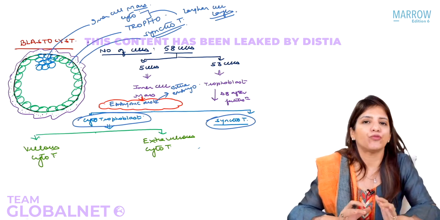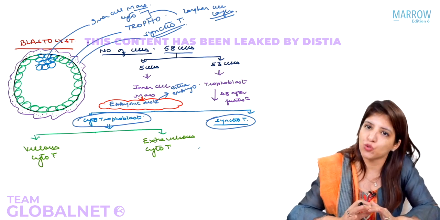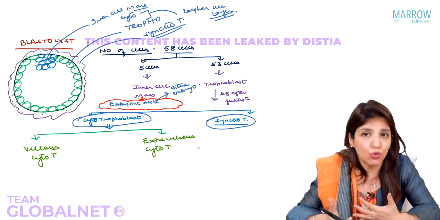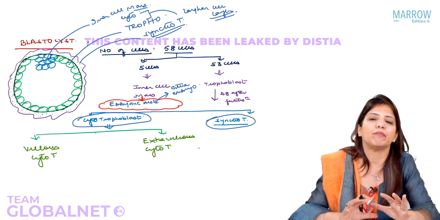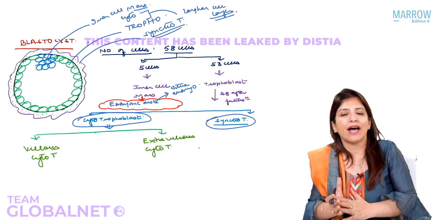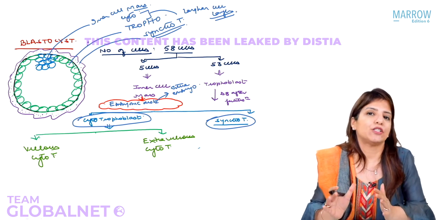The inner layer of the trophoblast will retain its cell boundaries and that will be called cytotrophoblast. The outer layer is going to lose its cell boundaries and there will be a syncytium of nuclei, and that is what is called syncytiotrophoblast. Both of them have very different functions.